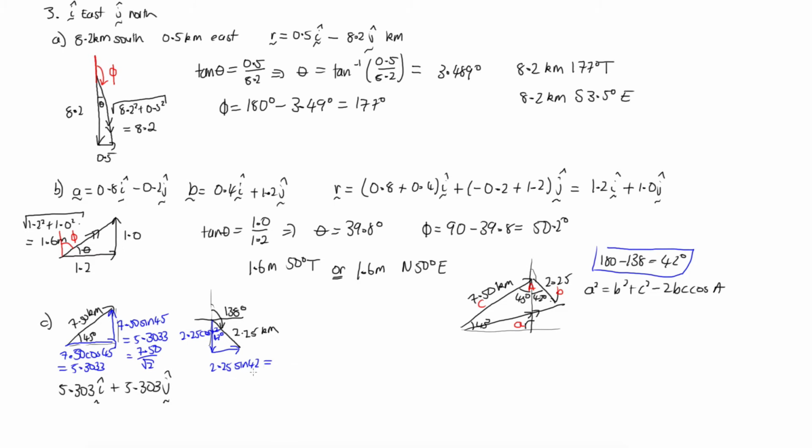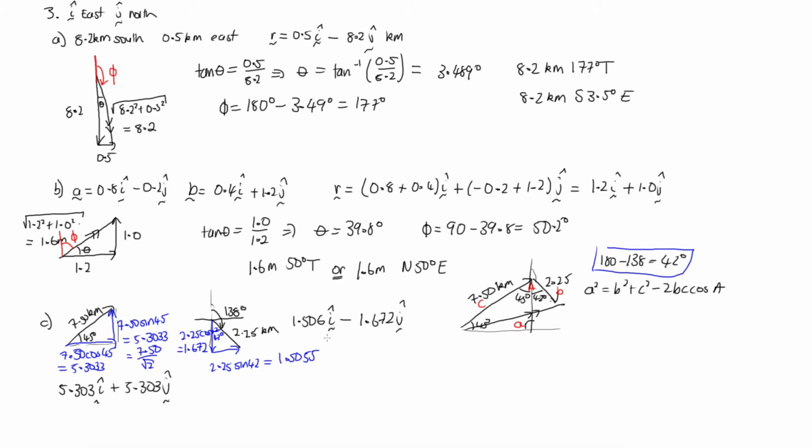Solving this, we have got 1.5055, and here solving this, we've got 1.672. So we can write this vector in component format as 1.506i, that's this one. Now this one's negative because it's going down in the southerly rather than the northerly direction. So minus 1.672j.